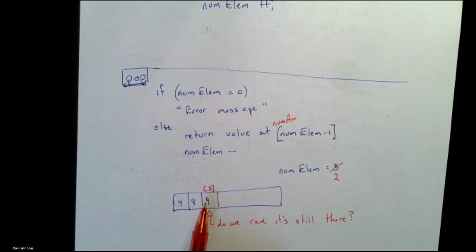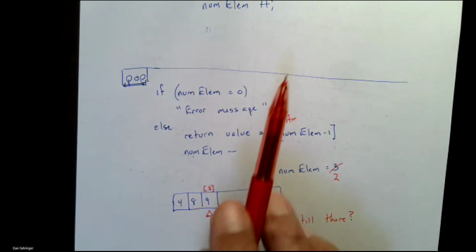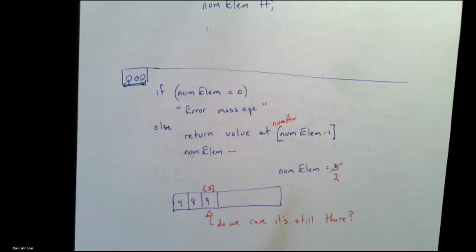You'll see that when we get to some other stuff. Right now, stacks is a data type. Queues are going to be a data type. We don't really care that it's there. We care that there's 2 elements and we start at the front. So 4 and 8 are what are important. We're just going to keep that in mind for later.